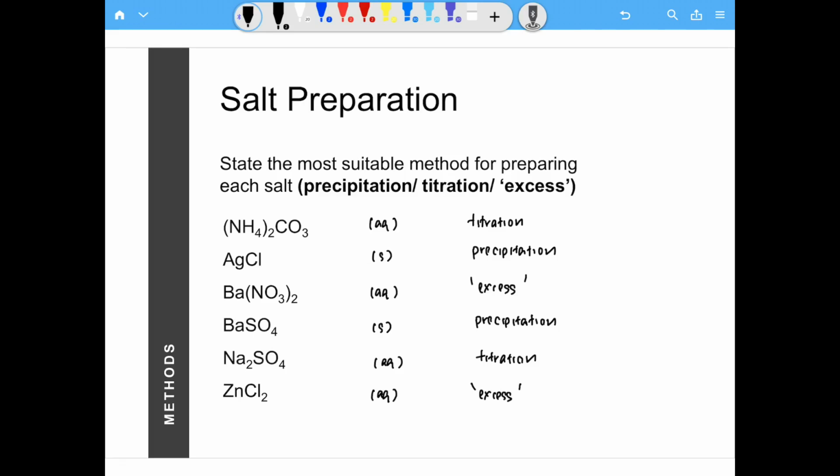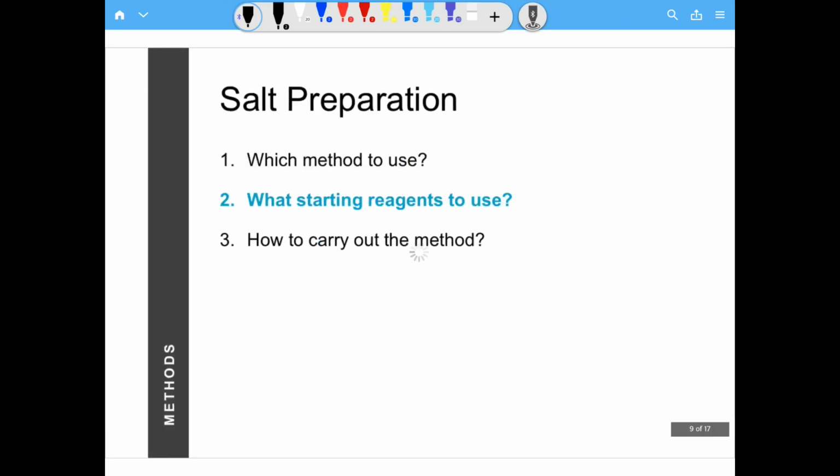Alright, so at this juncture you should be able to decide which method to use when given a particular salt. Now the next question to ask is, for each particular method, what ingredients or what starting material do we need to use to prepare a particular salt?